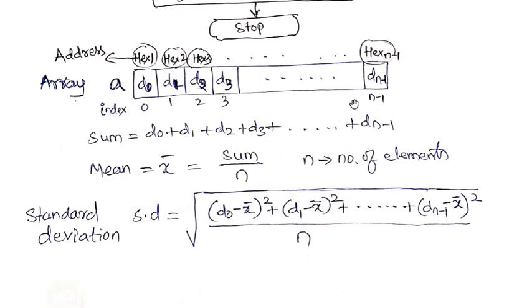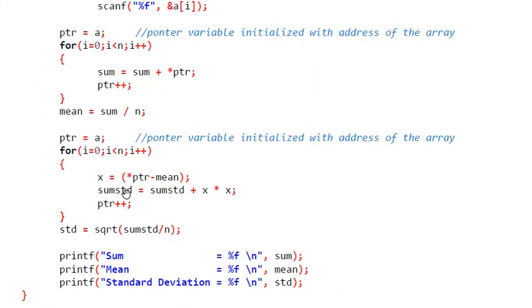When we are at this point, what we get is dn minus 1 minus mean square. So the complete numerator sum will be stored in sum std. When this loop completes, sum std, the numerator part, will be available.